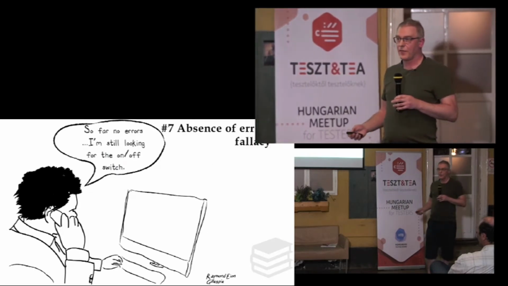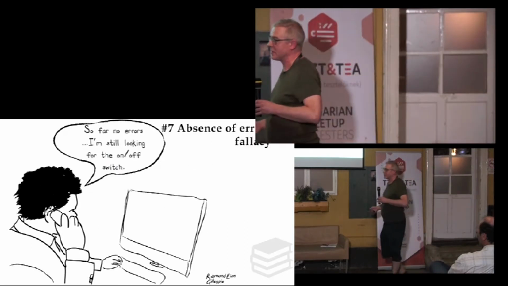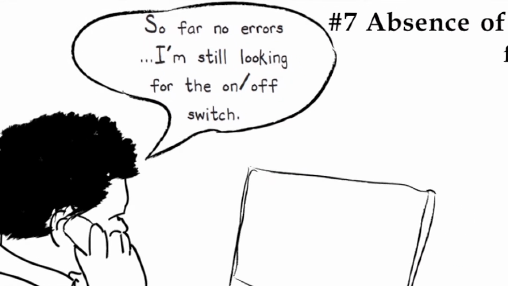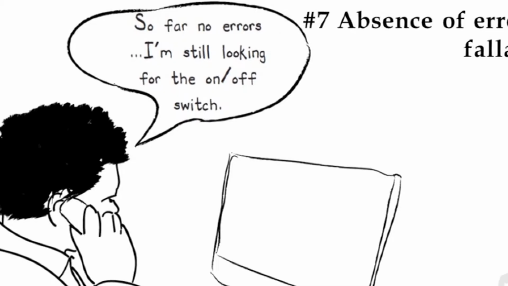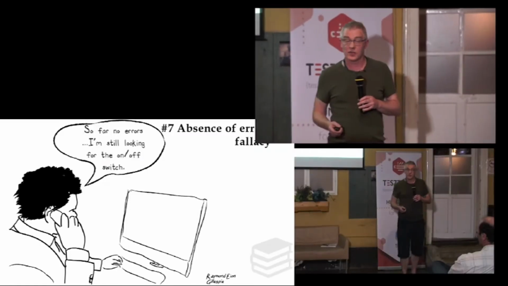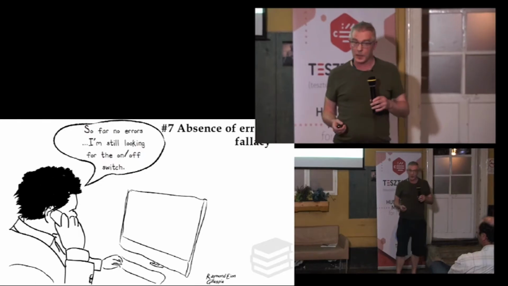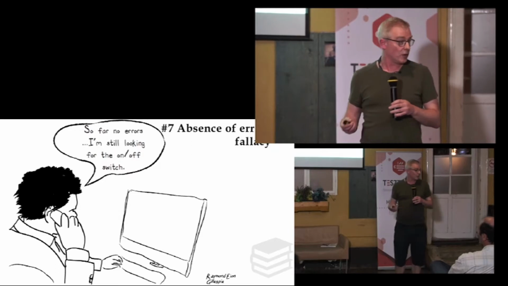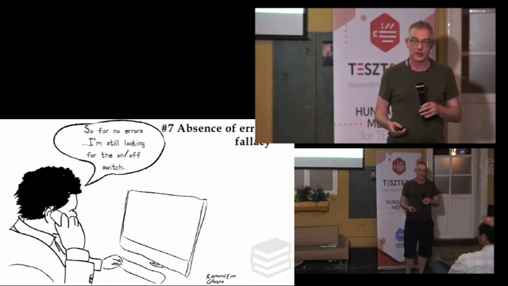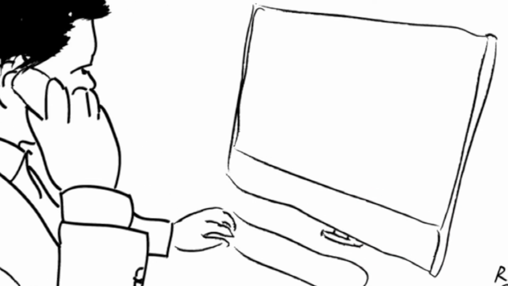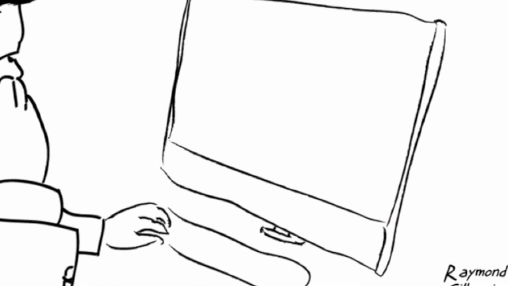And lastly, my favorite, which is principle 7, the absence of errors fallacy. Just because we don't find any more faults in our software, just because our customers aren't raising any issues about the software, it doesn't necessarily mean that the software is any good. It could be that the customers have got so fed up with that particular functionality, they're not using it. They're actually using a rival product, or they're using a workaround, or even worse, they're using your software incorrectly and don't even realize it.